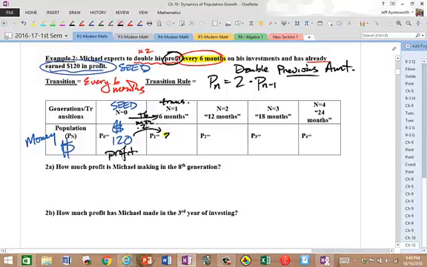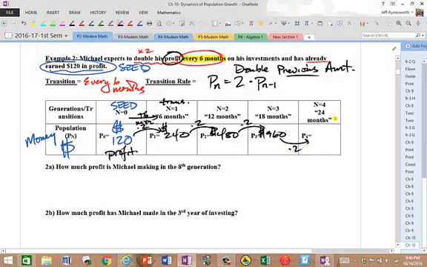Then 6 months goes by, or after 12 months, you times by 2 and you get 480 bucks. After another 6 months, a total of 18 months, you double that, and that's 960 bucks. Then you double again, and that becomes 1920 bucks.